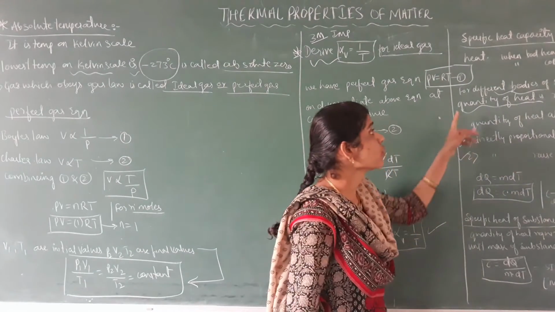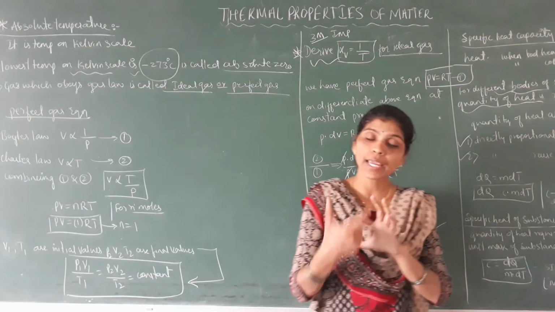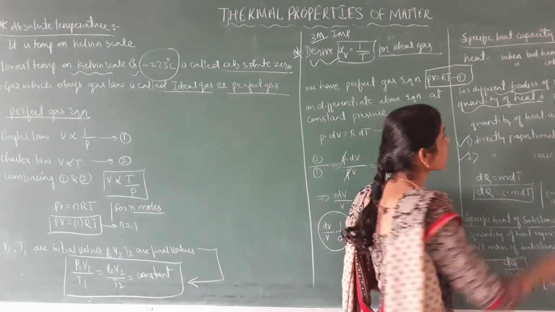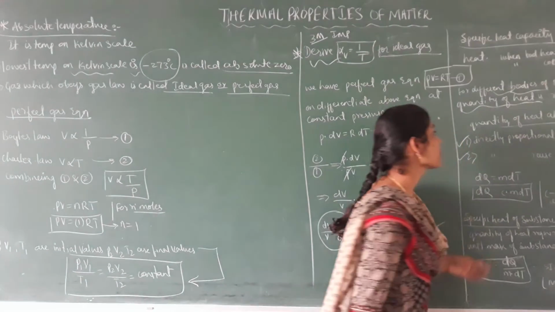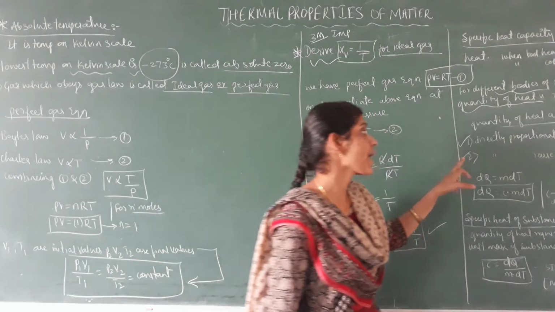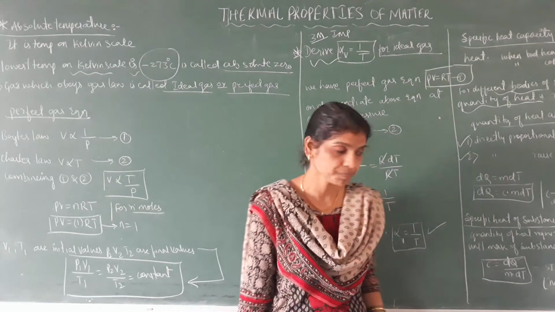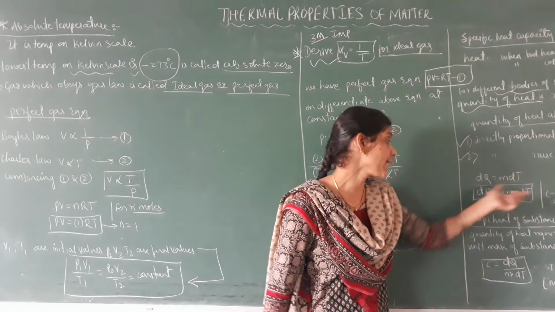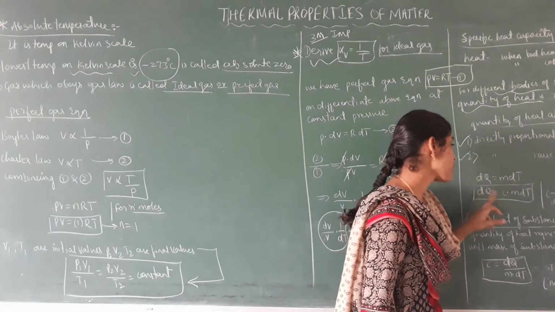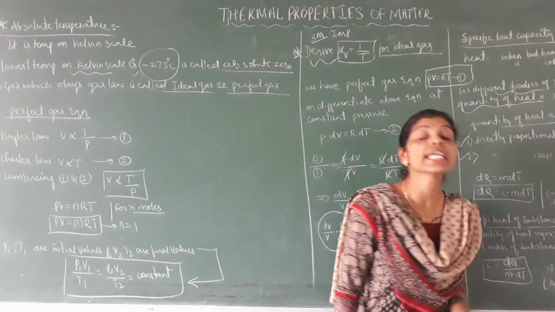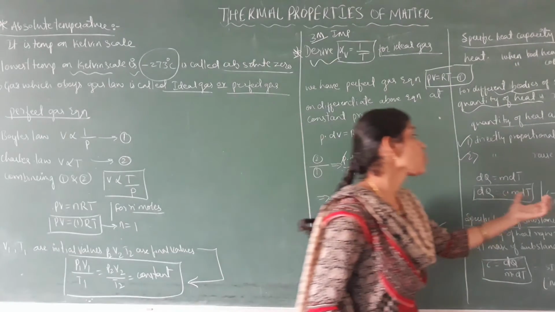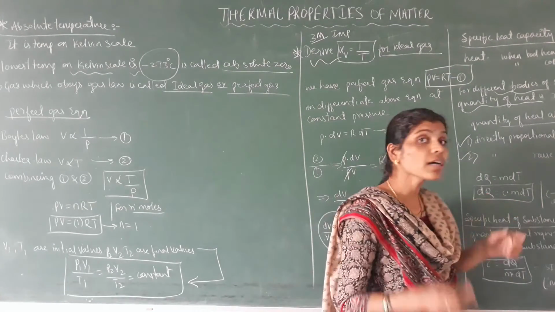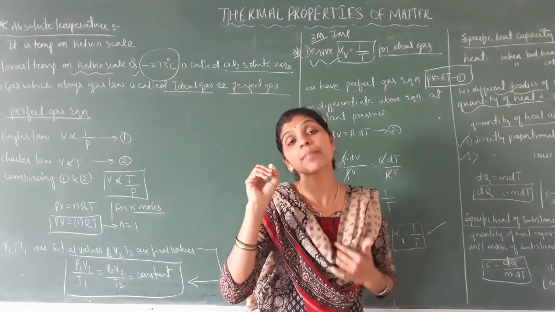Therefore it is given by the formula dQ is equal to m dT, or you can write dQ is equal to c m dT, where c is a constant. The constant value depends upon the nature of the substance.